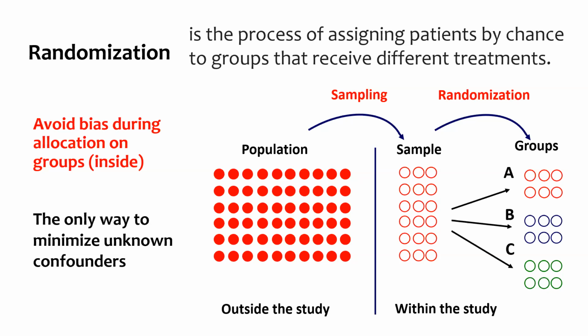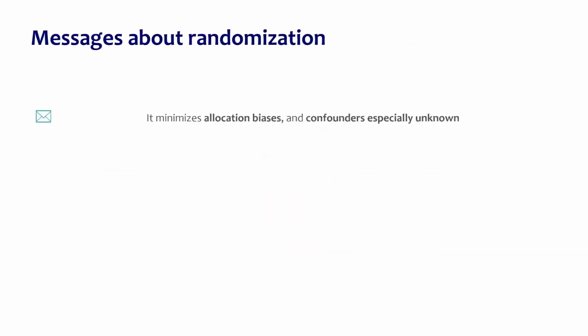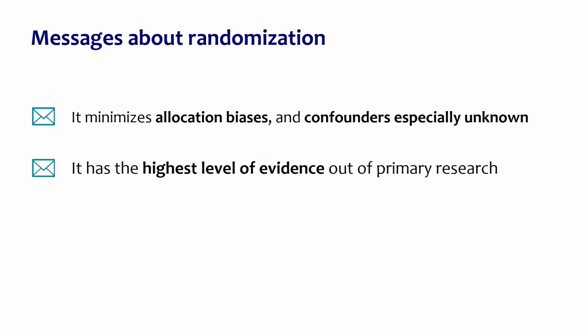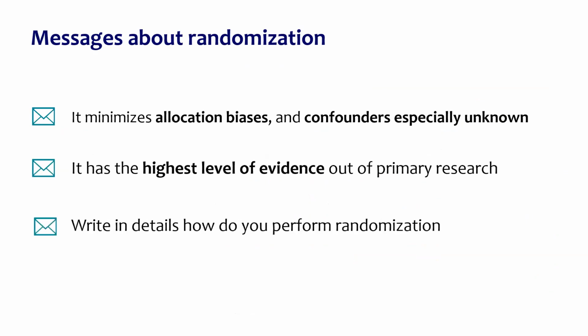So randomization can eliminate this effect. According to this, randomized controlled trials have a higher level of evidence. So randomization avoids allocation bias and confounders, especially the unknown. It has a higher level of evidence and we should write in detail the steps of randomization. When we talk about randomized clinical trials in the third module, I will elaborate more on randomization.